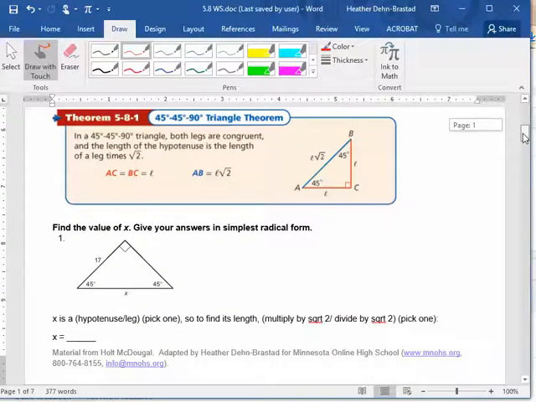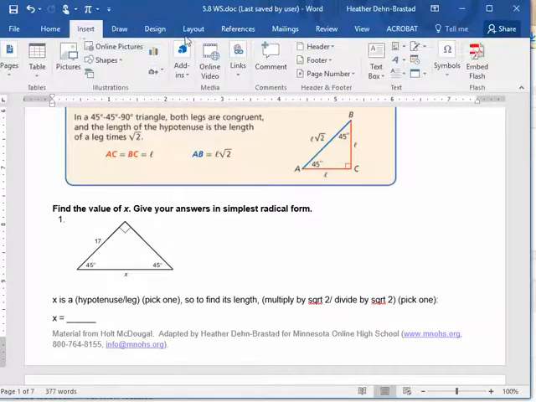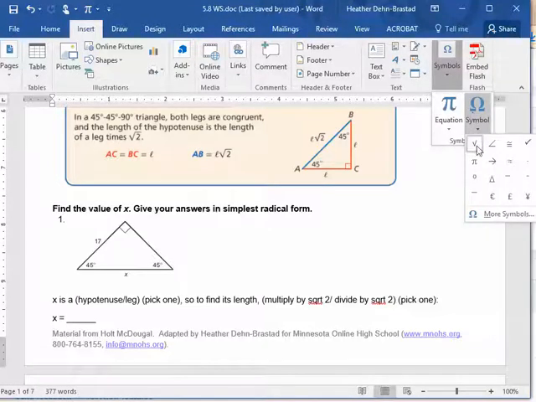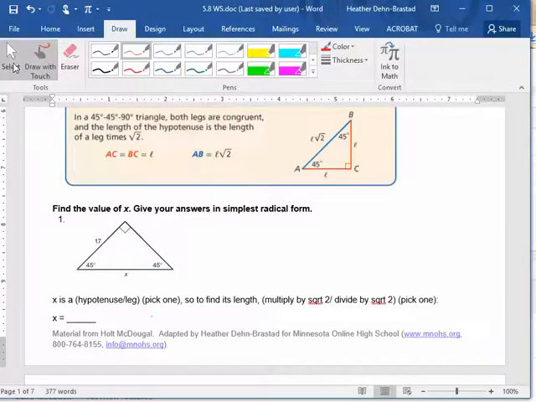Now when you do these problems on your own, some of them you are given the length of a leg, and you will just need to multiply by the square root of 2. You can type SQRT for square root of 2, or you can go to Insert, and there is a square root symbol right here. It's not perfect because it doesn't have a line across the top like a real square root would. Let me show you what it would look like.